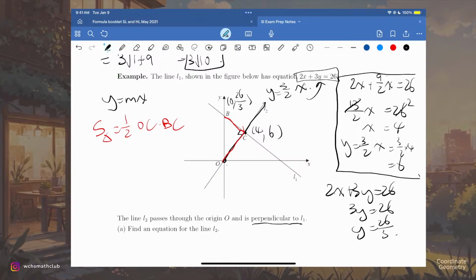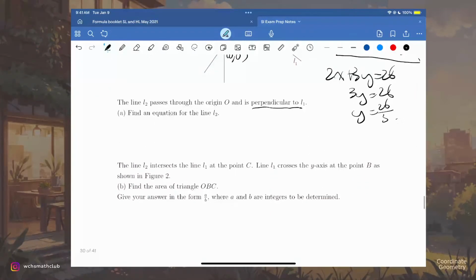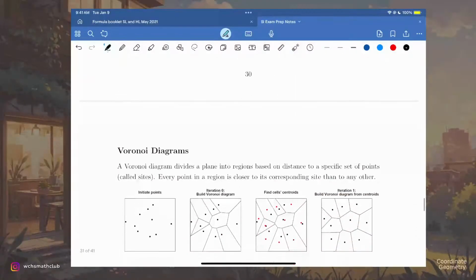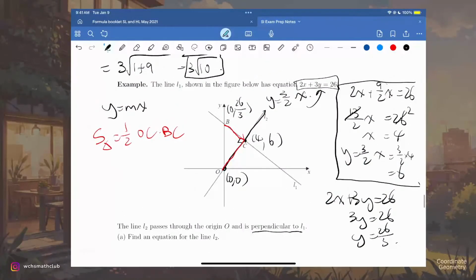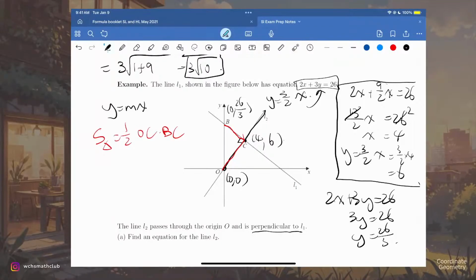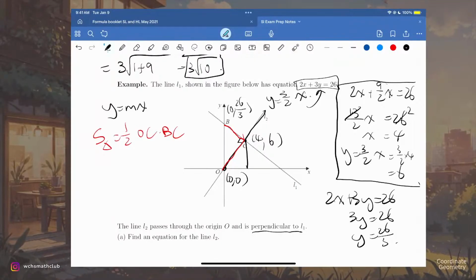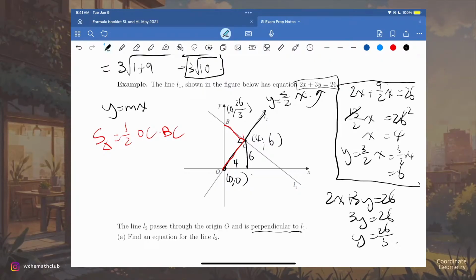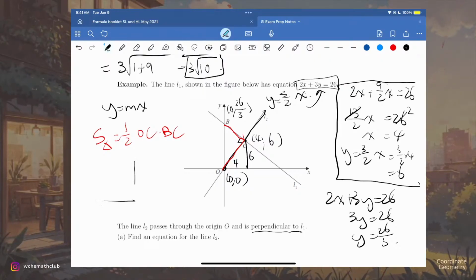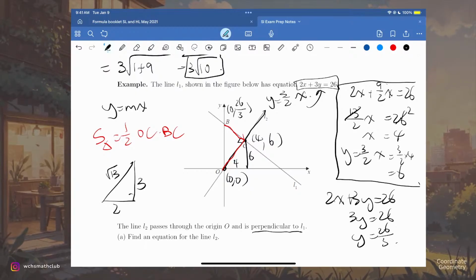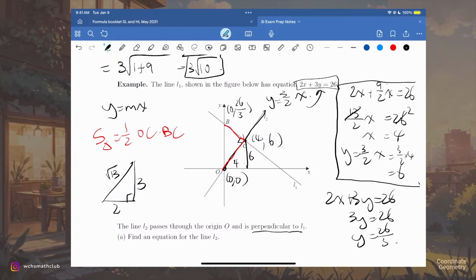Alright, so O is (0, 0). If O is (0, 0) and this point is (4, 6), then it's not hard to see that this length is 4, this length is 6, and this is a 2, 3, root 13 triangle scaled up by a factor of 2.